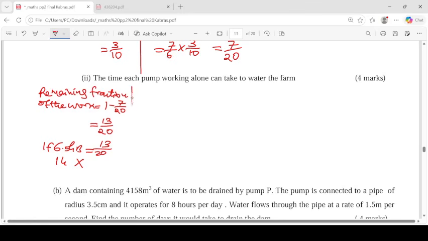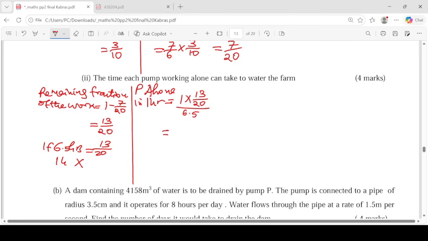So in this case, we can now say P alone in 1 hour will give you 1 multiplied by 13/20 divided by 6.5. 1 times 13/20 will just remain as 13/20 divided by 6.5.